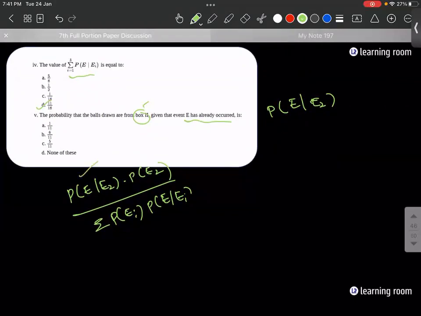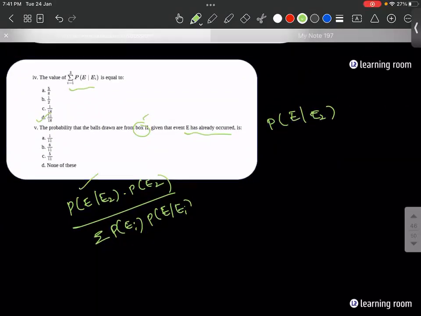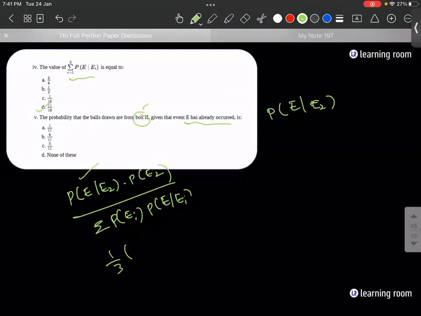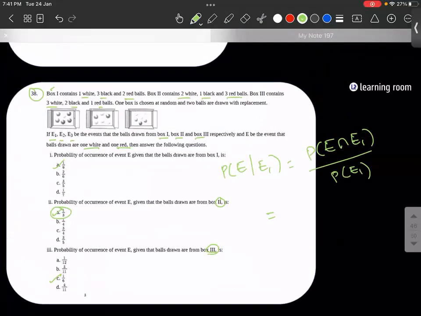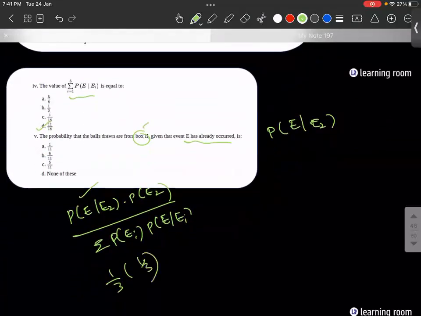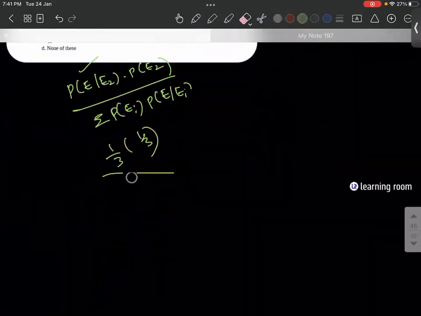Okay. So probability of E given E2 we have already derived. How much is it? Probability of E given E2 is 1 by 3. Probability of E2, that is choosing one of the boxes, is 1 out of 3, divided by sum of all the probabilities.